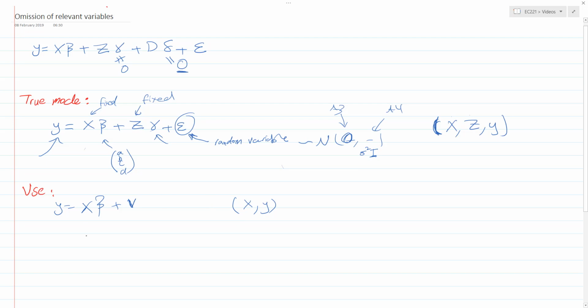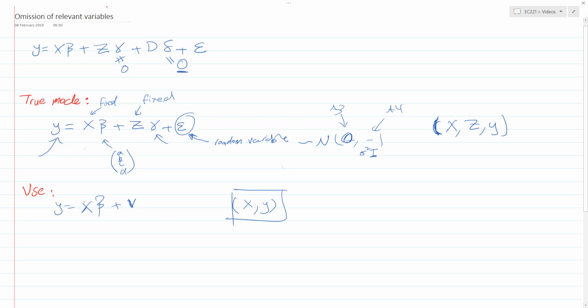So now let's try to see what the estimator of beta will be, using only these pairs of data instead of the triples of data in the x, z, y case.